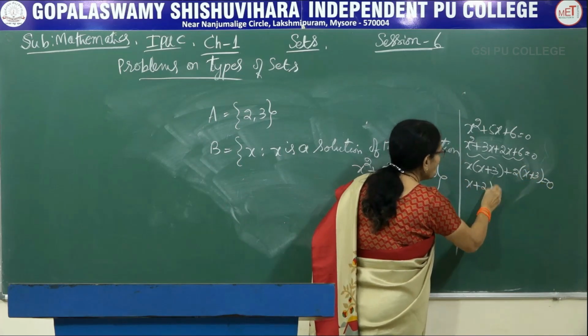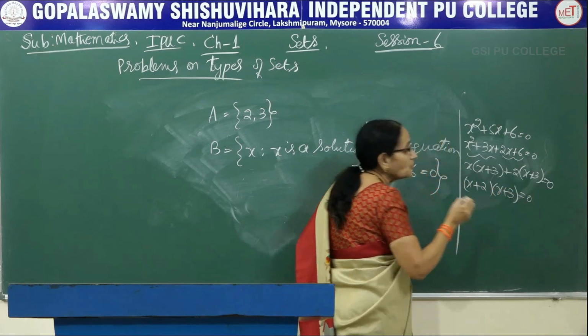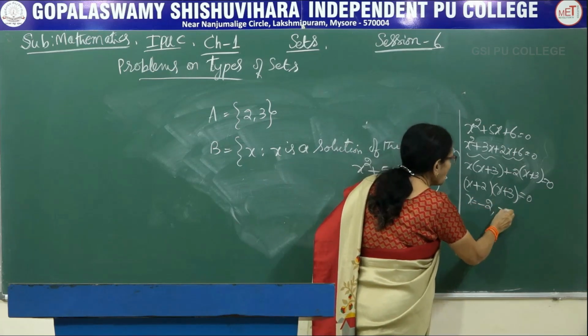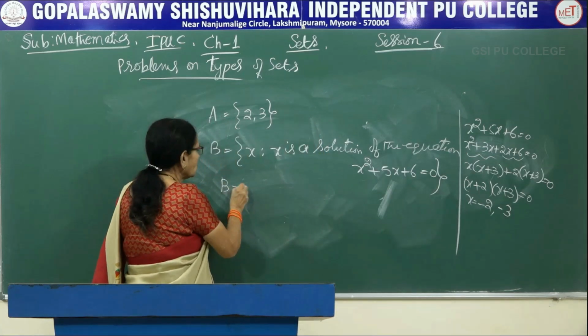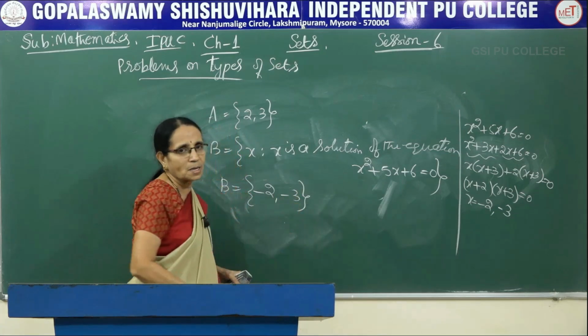That is x plus 2 into x plus 3. What I am doing actually is factorizing. I am not using the formula. That means x is equal to minus 2 and x is equal to minus 3. Therefore, the set B is containing the elements minus 2 and minus 3.